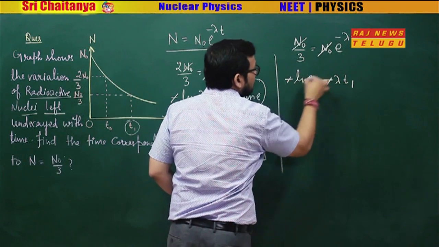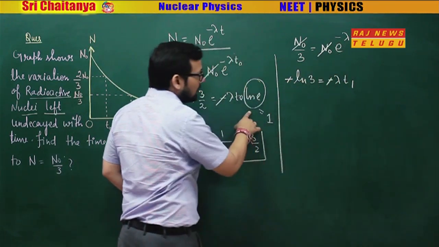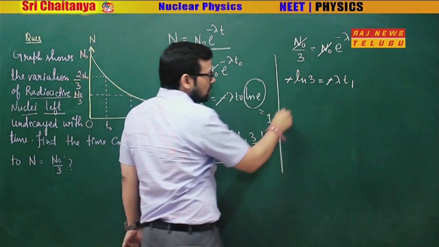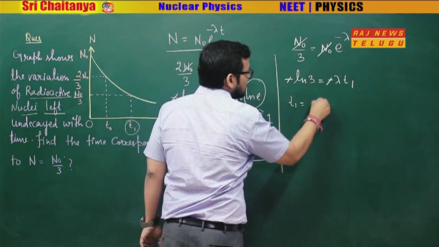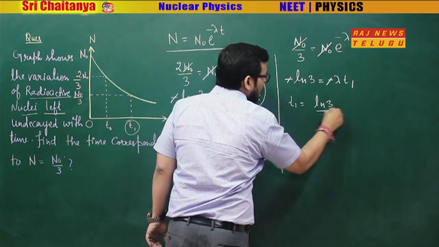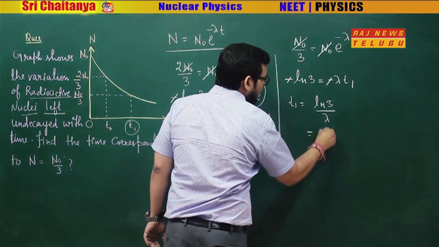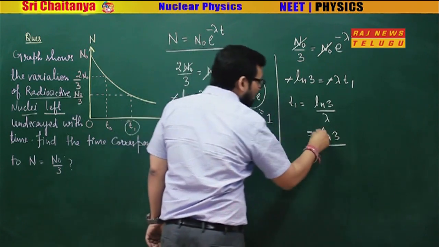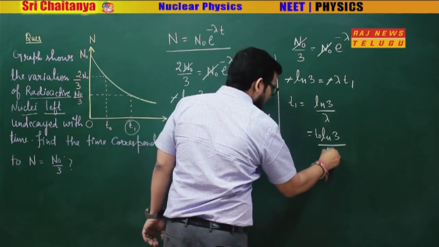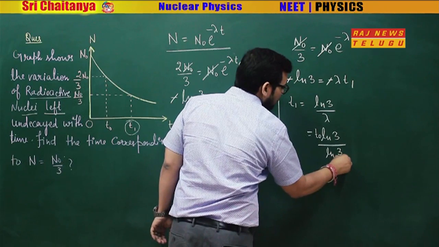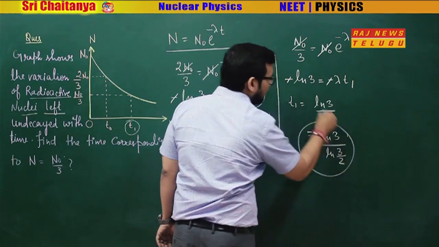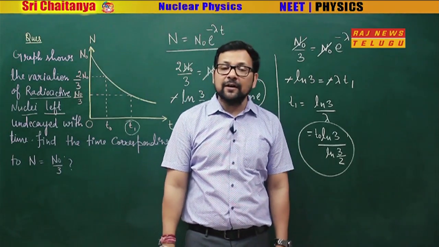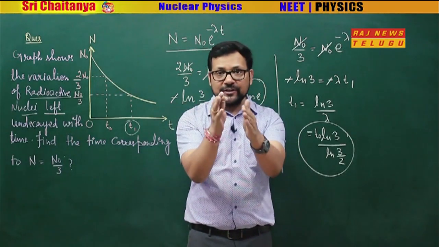And don't forget, because ln e is 1, you have lambda now, and t1 is required. So what is t1? t1 is ln 3 by lambda, and ln 3 upon, what is lambda here? 1 by t naught ln 3 by 2. This is the final t1 that we solved on the basis of the exponential graph and exponential equation.